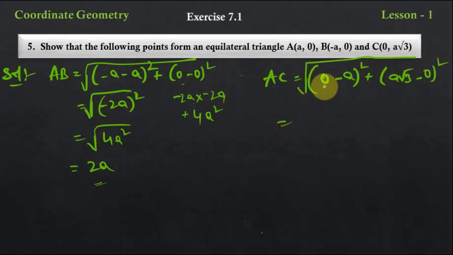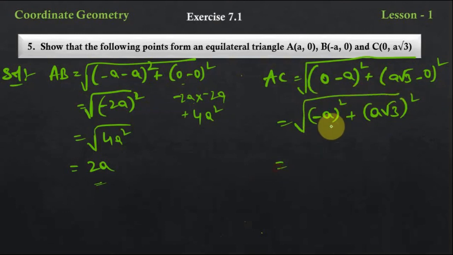Chalo, 0 minus a is minus a only, so minus a whole square plus a root 3 minus 0 is the same a root 3 whole square. Okay, chalo, minus a whole square is, we get positive a square, plus, so this square belongs to a as well as to this root 3 also. So this will become 3a square, right?